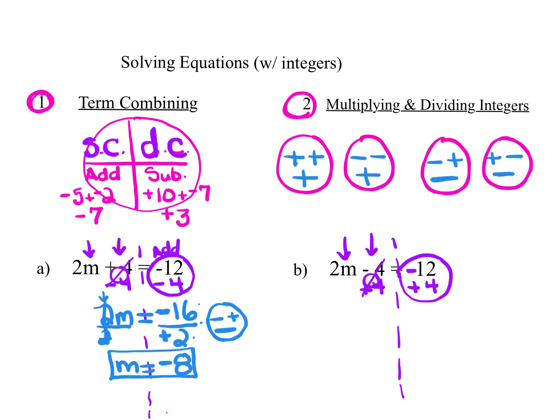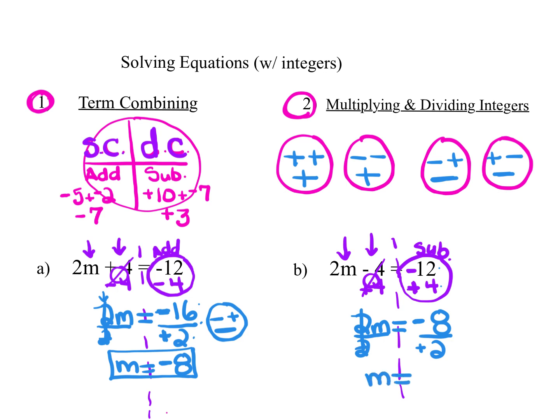A loss of 12, but a gain of 4 means we're going to subtract to find the difference. So, when we subtract, on this side we have our 2m term, but over here, a negative 12 combined with a positive 4, you get a negative 8. That's the difference. Now again, we're going to divide both sides by a positive 2.